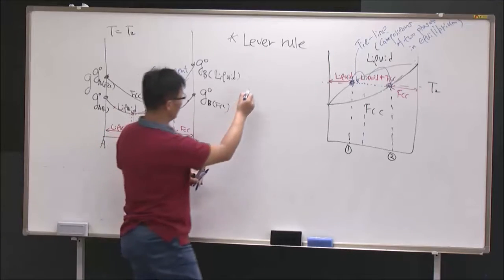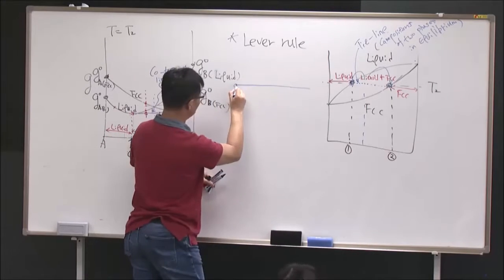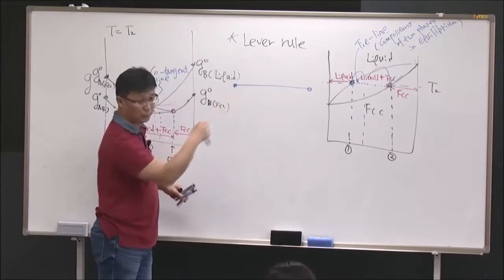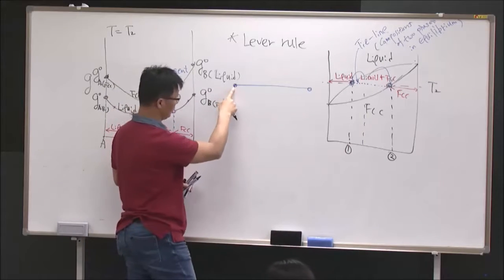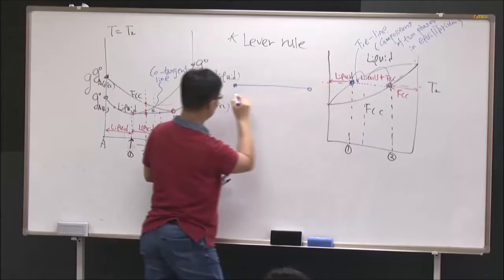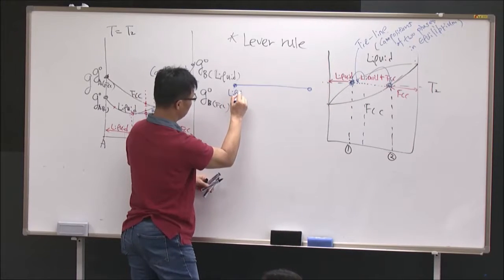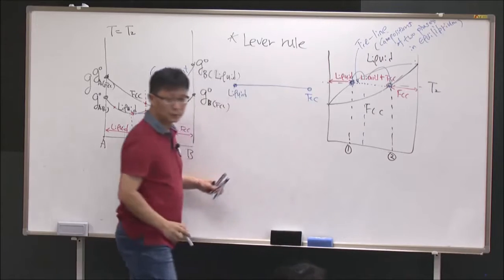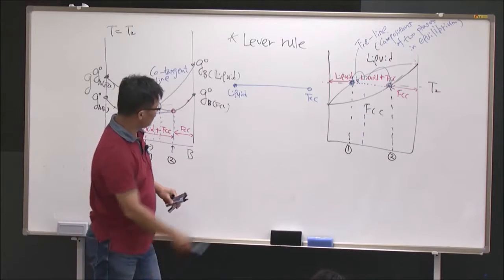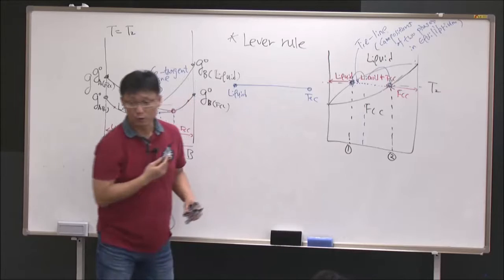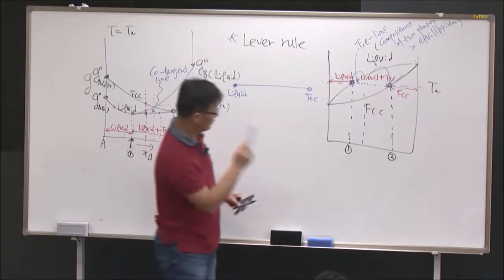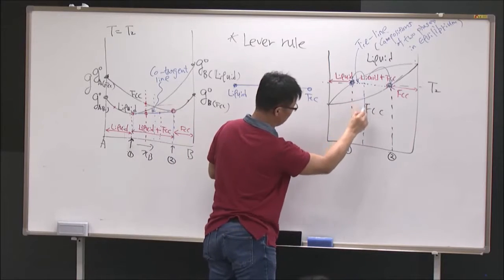Okay? So in the lever rule, the two end points are the two different phase compositions. In this case, this is liquid, and in this case, this is FCC. Okay? And if this is a seesaw, where is the stand of the seesaw? The stand of the seesaw is your original composition.